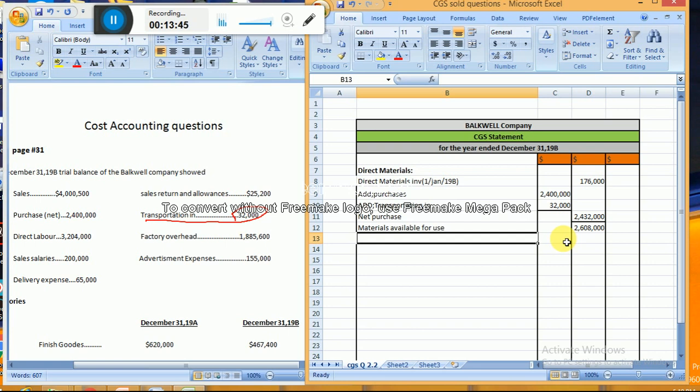So the material which is left, we will subtract it, just as the material left in the previous year was transferred to the current year 19B, and we add it. Similarly here in 19B, if some material is left that is not used, that will be subtracted from 19B and added in 19C. So from here we will subtract ending material, that is called ending direct materials.